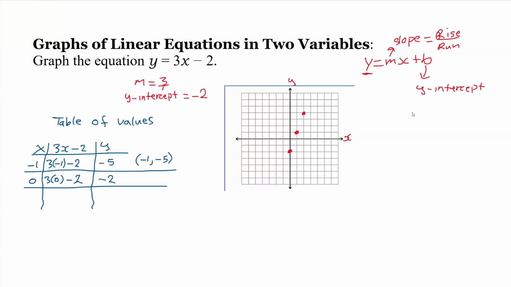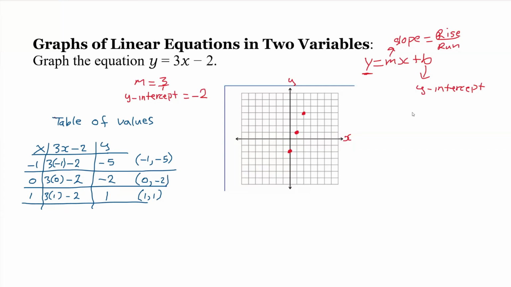And I can do it for 1, which says 3 times 1 minus 2, and 3 times 1 minus 2 is 1. We can do this as many times as we like, but let's say 3 is enough since it's a straight line.